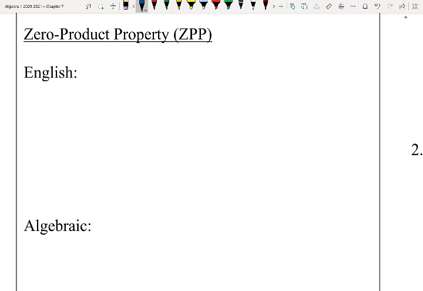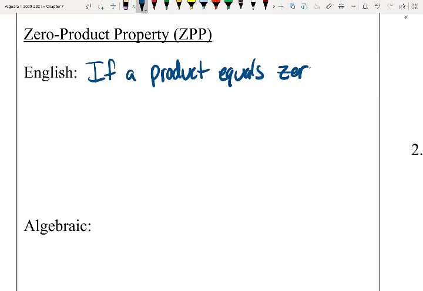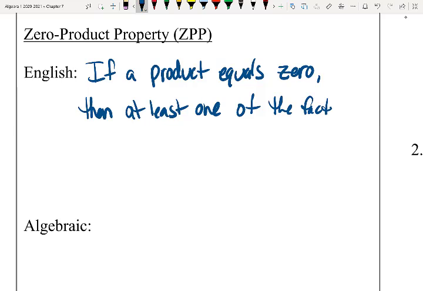So what zero product property says is that if a product equals 0, so if I have two or more things multiplied together and they are set equal to 0, that means that at least one of the factors must be 0.